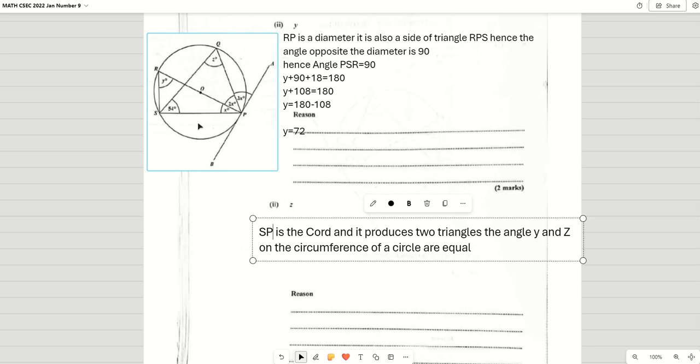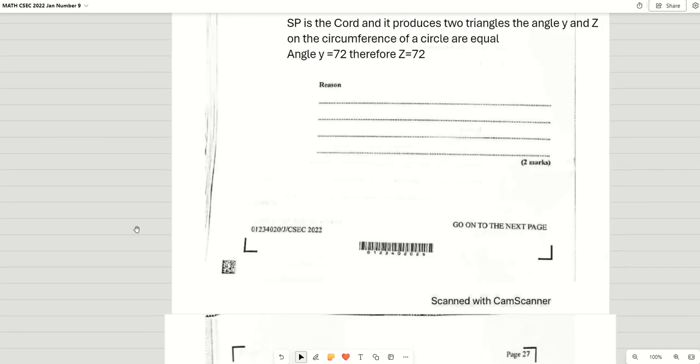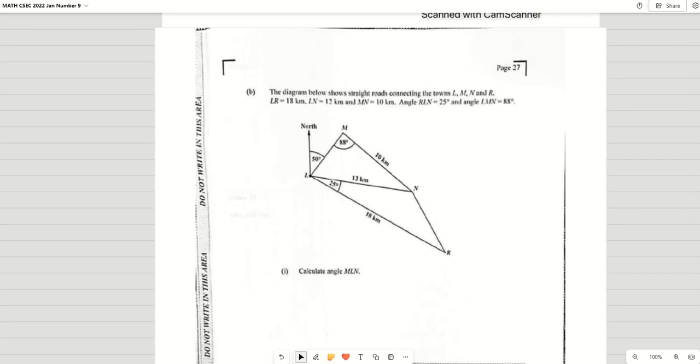Angle Y and angle Z on the circumference of the circle, hence these angles are equal. So we found out angle Y is equal to 72. Therefore, Z is also equal to 72. That is how you would do this question here. Alright, let's do the last part.